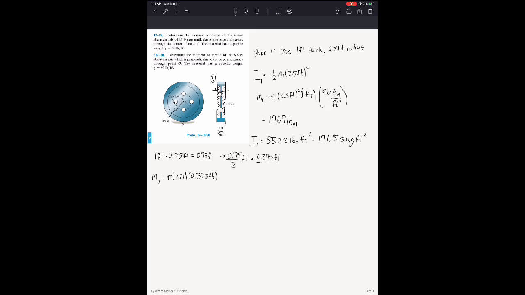Technically this is a negative because it's a hole, but I'm just going to calculate the mass that would have been there and then subtract it, times 90 pounds mass per cubic foot, which is equal to pi times 2 squared times 0.375 times 90.